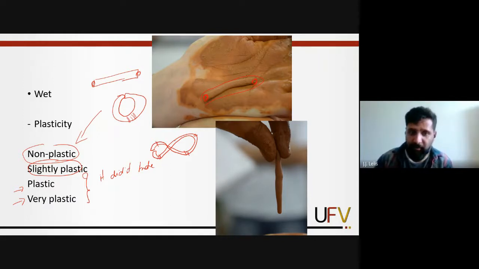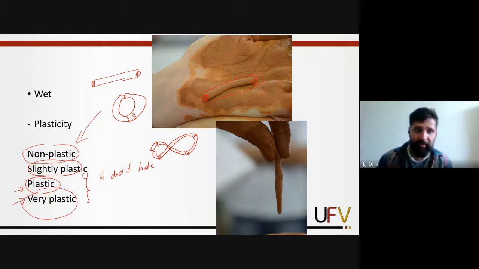I can see some cracks, but only when I create a lot of curves, so the material has a plastic consistency. And if even using these materials, I can put a lot of curves and the material doesn't crack, the material doesn't break, I have a very plastic consistency, okay?